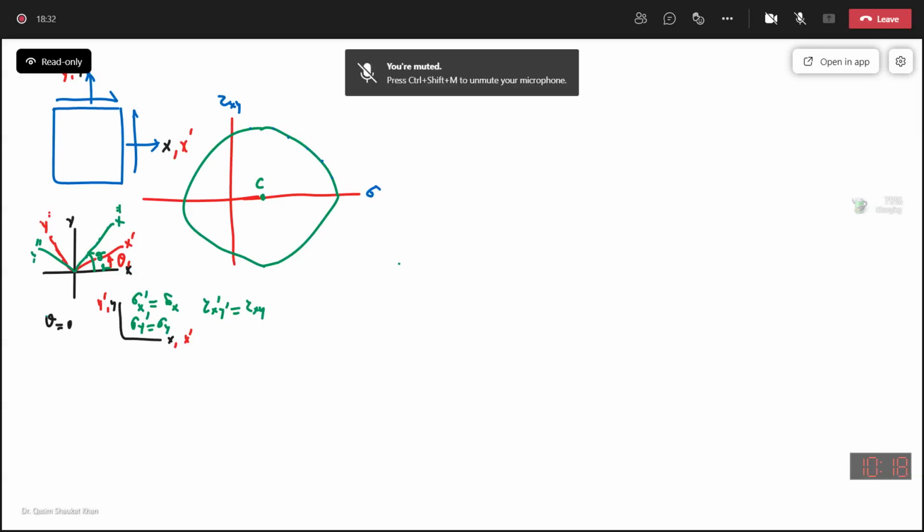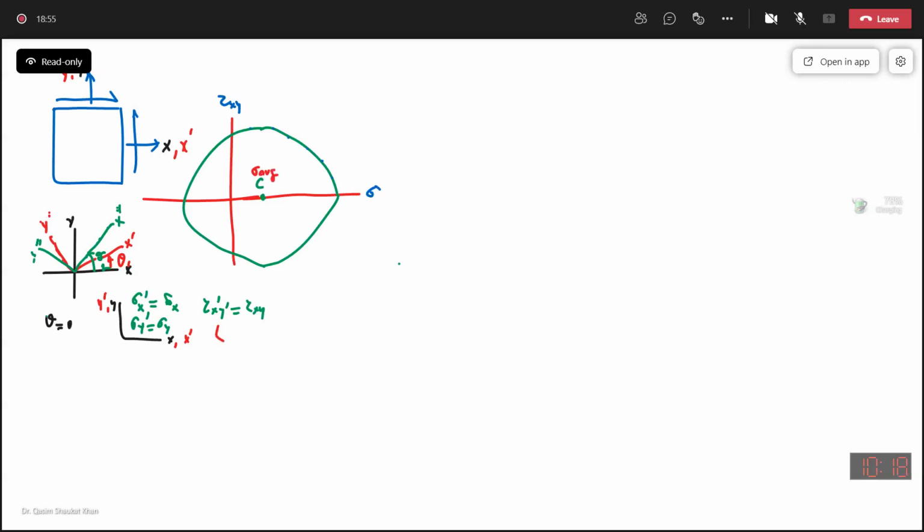And what are the coordinates? The coordinates of the center point are sigma average and 0.